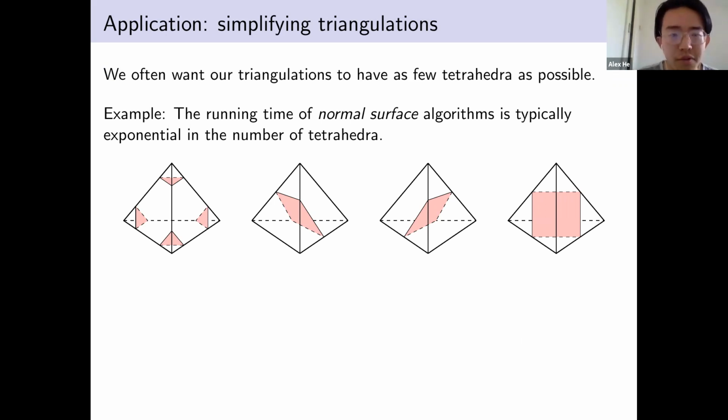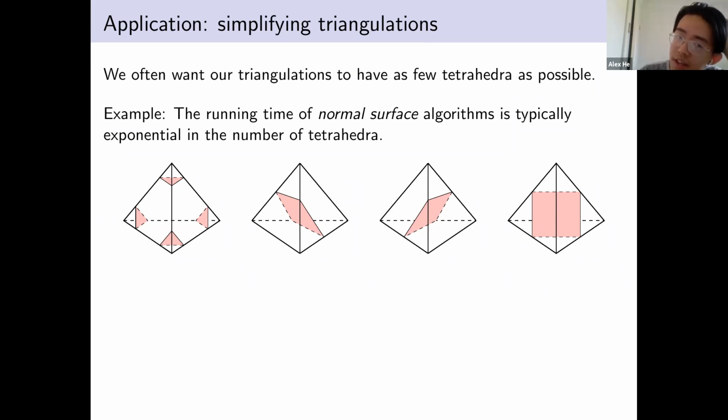There are these things called normal surfaces, which are useful for computation. You can do things like recognize the unknot or recognize the three-sphere with these surfaces. The way these surfaces work is you embed the surface in your triangulation so that each time it intersects a tetrahedron, it's a collection of triangles and quadrilaterals, of the form that is shown here.